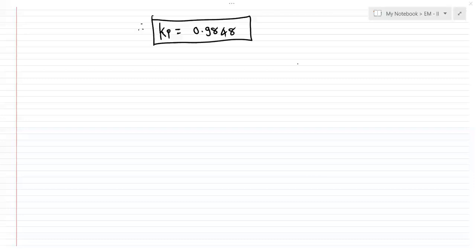Okay, so now let's solve another example. I'm writing down the data here.